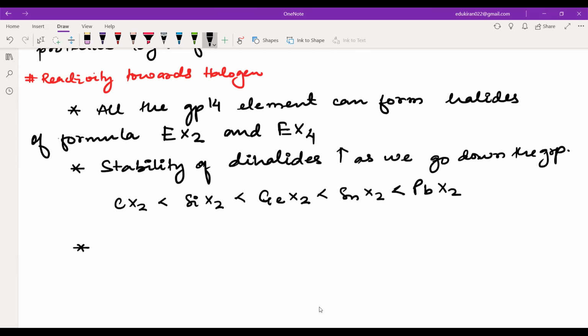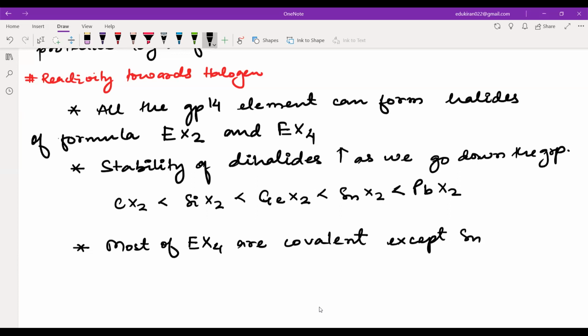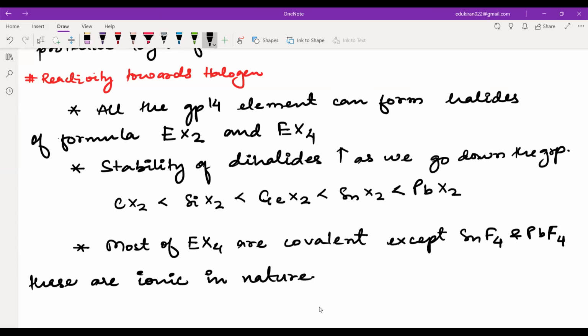So you can write most of EX4 are covalent except SnF4 and PbF4. These are ionic in nature.